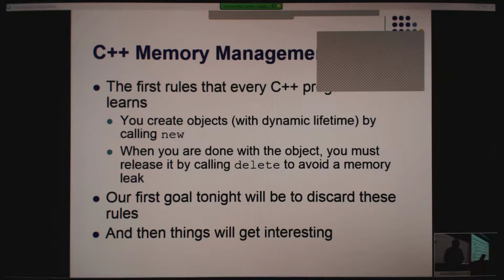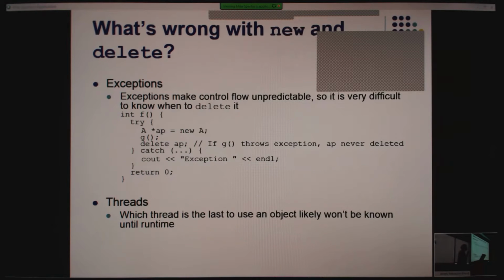As of C++14, it's generally becoming regarded as best practice to never call new or delete. And after we do that, then we'll do things that are really interesting. So, first question is, what's wrong with new and delete?